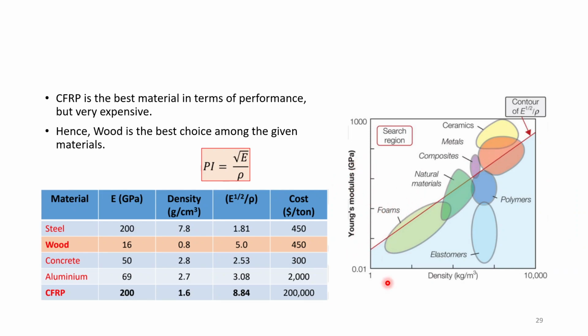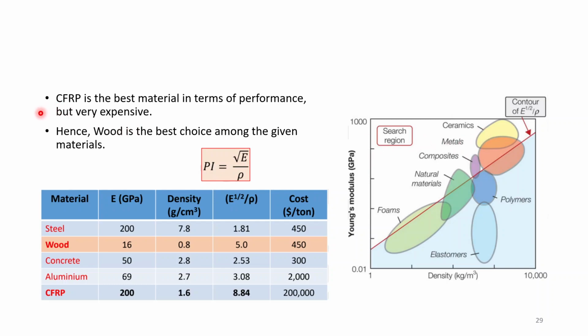Now here Young's modulus and density are plotted. So as you can see, this is your guideline, which is the contour of root E upon rho. So now these materials will be in the search region, so these will be suitable.